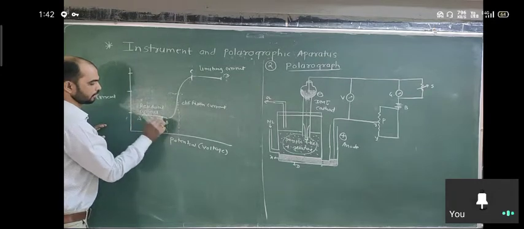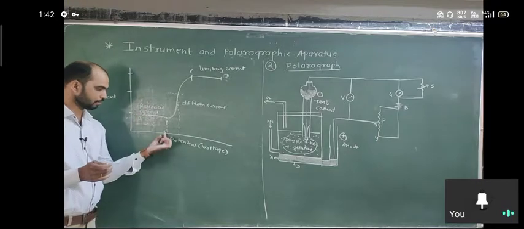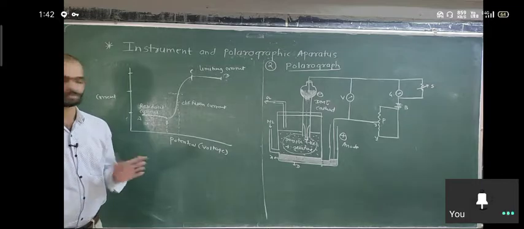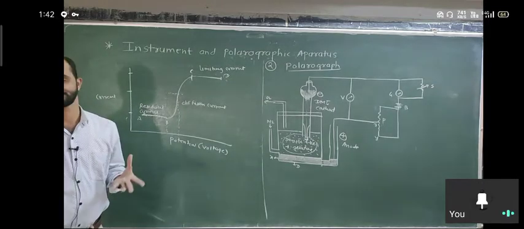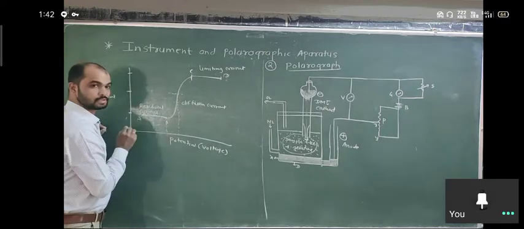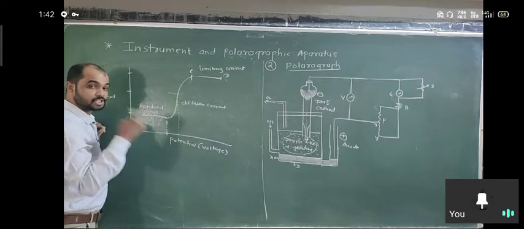So here the residual current is very low, and up to this potential there is no reduction of the sample because the current is too small. If current is too small, that means there is no reduction. When sufficient potential is applied, the reduction begins.